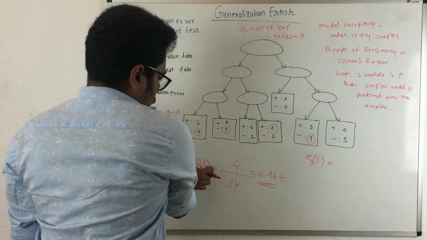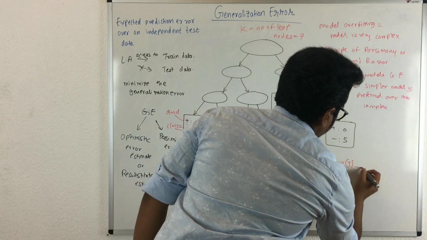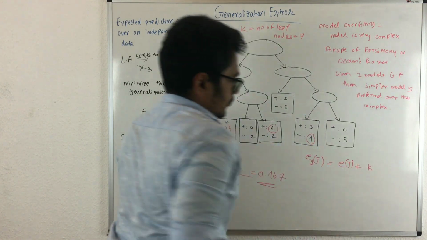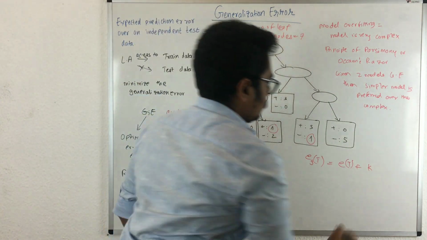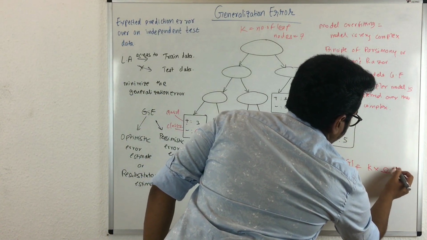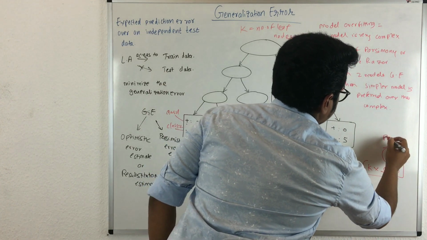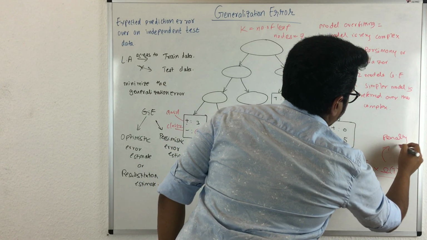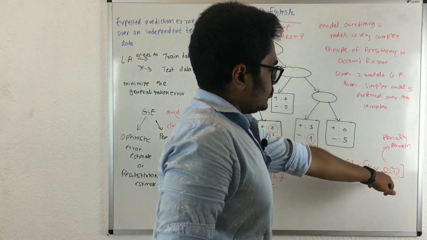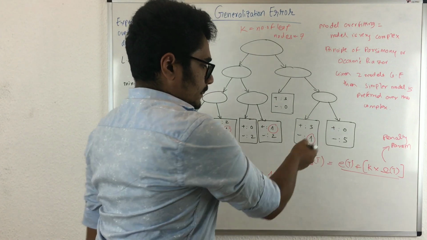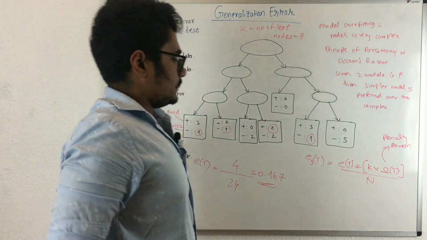It has the optimistic error estimate E of t, plus the number of leaf nodes k in the entire decision tree multiplied by a parameter omega t, called the penalty parameter. It is used to penalize the decision tree for making errors, and it's divided by the total number of instances.